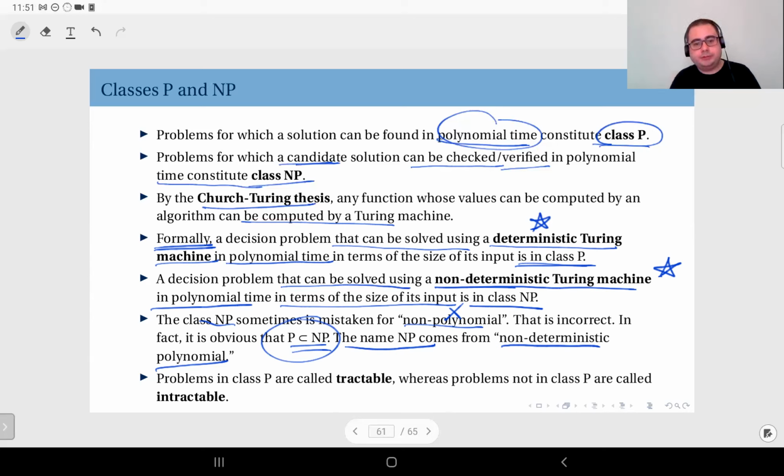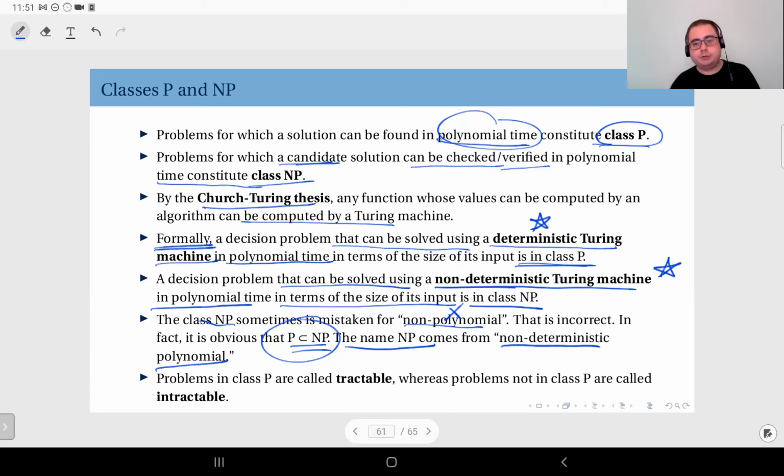But you have to understand what the class NP entails. Class P is straightforward: you can solve a problem in polynomial time, that's in class P. But what is NP? These are two equivalent definitions. One definition is you can check a given solution in polynomial time. Look, you are not finding the solution, you are just checking a given candidate in polynomial time.